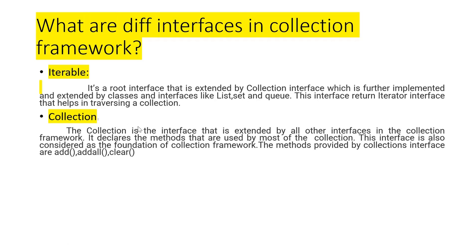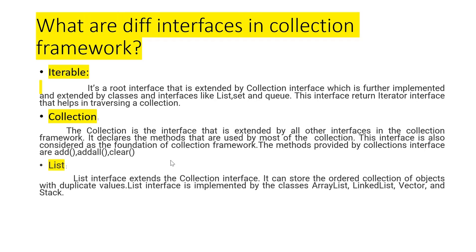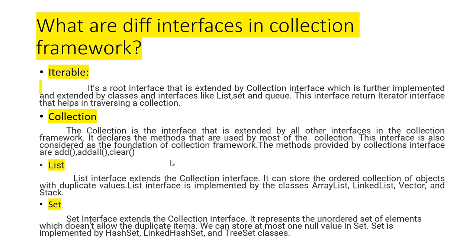This interface returns the Iterator interface that helps in traversing a collection, and the Collection interface is the second interface that extends the Iterable interface, and it has methods like addAll, contains, remove, size, etc. And the sub-interfaces that extend the Collection interface are List, Set, Queue.